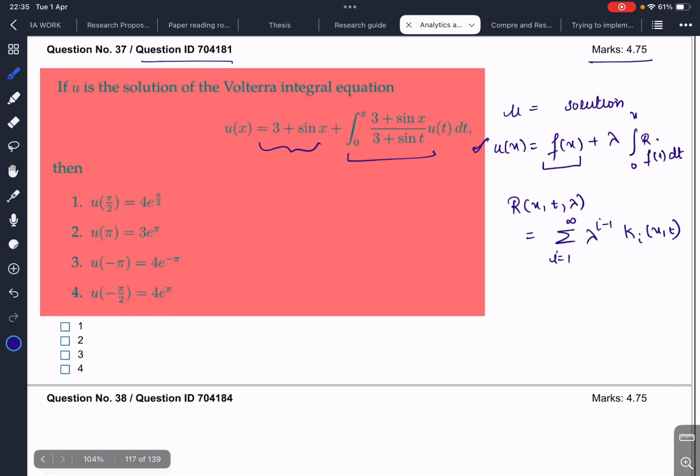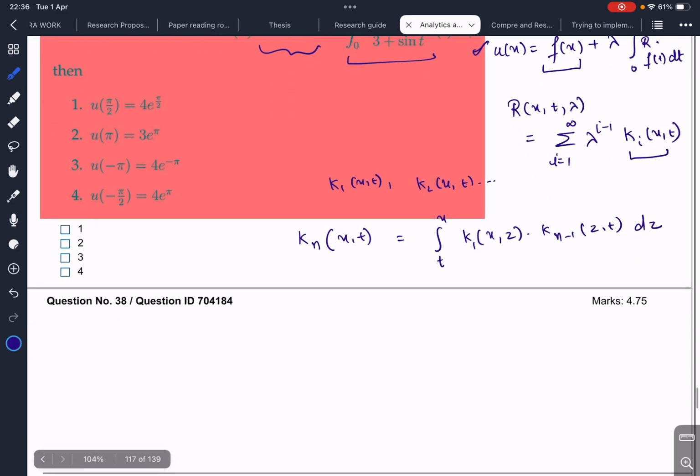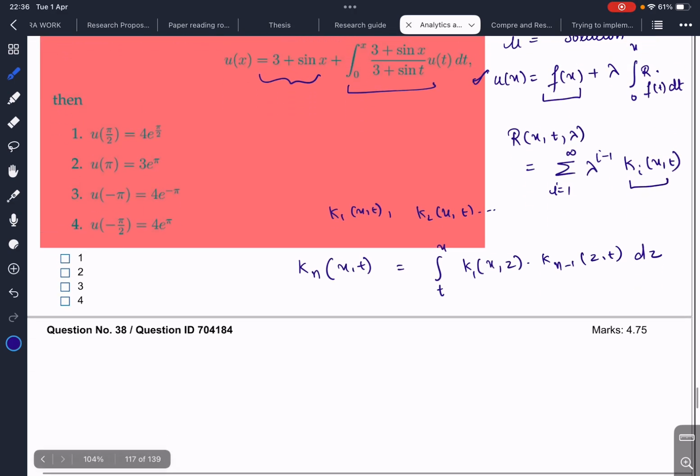The formula for the iterated kernels, K1(x,t), K2(x,t), etc., is K_n(x,t) equals integral from t to x of K1(x,z) into K_(n-1)(z,t) dz. So we will find each of the kernels using this formula.